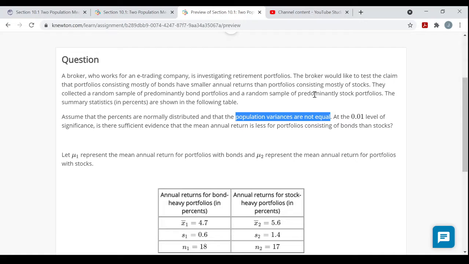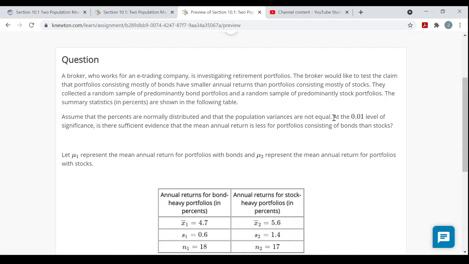Now, if they said you're assuming the population variances are equal, that's the pooled scenario, where you have to find that pooled estimate for the standard deviation, that SP, and then go from there. That's been discussed before in previous videos on an assignment before this. So hopefully you recognize the difference between the pooled scenario and non-pooled. Here, this is the non-pooled scenario.